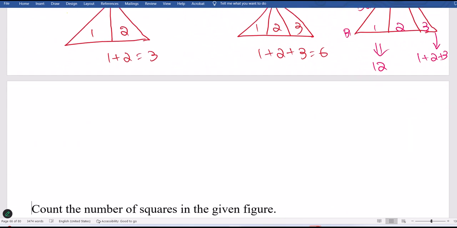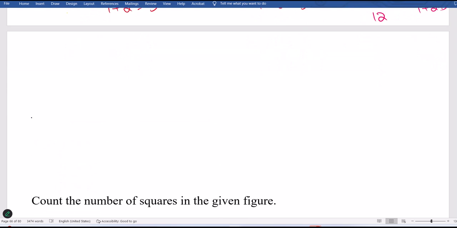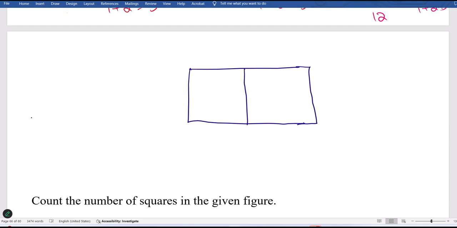Now similarly, if you have joining related, let us say I have a, one second. This is a rectangle shape formed from two squares.